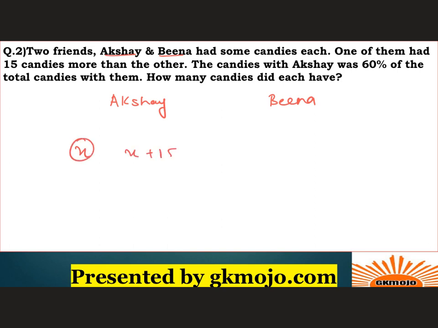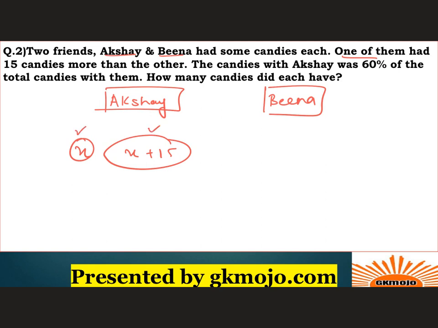Why x and x plus 15? Because they have said one of them had 15 more candies than the other. We do not know who has what, so for now, consider one has x and the other has x plus 15.